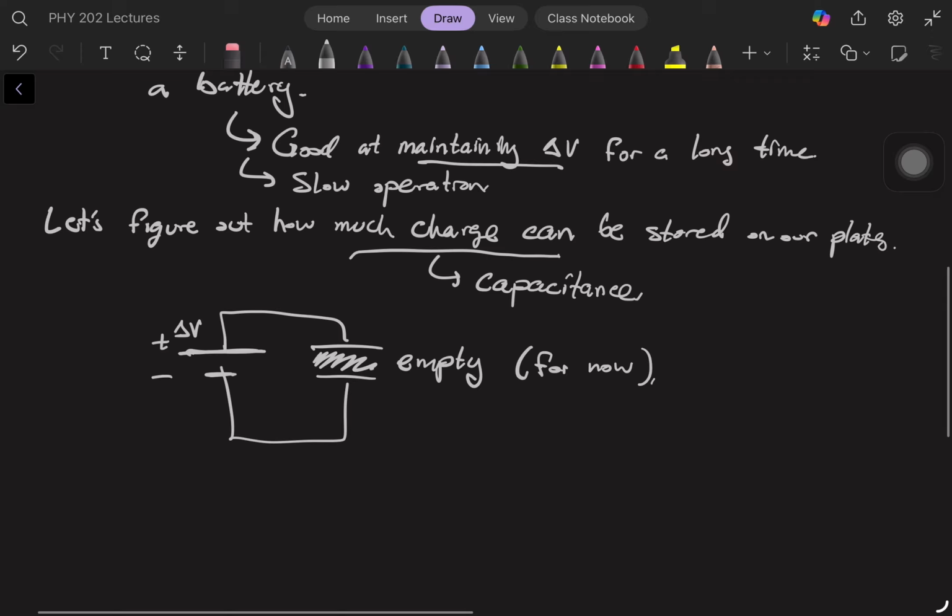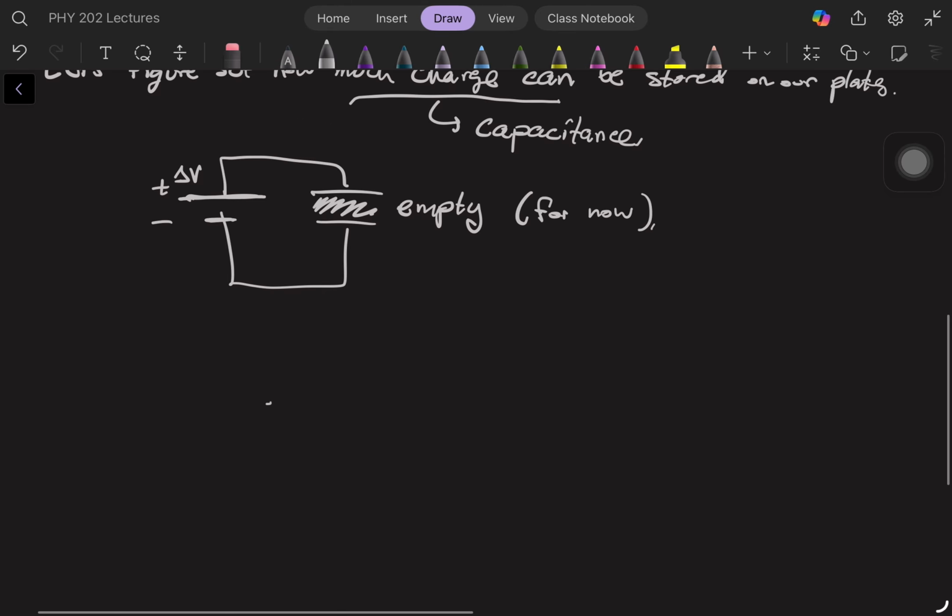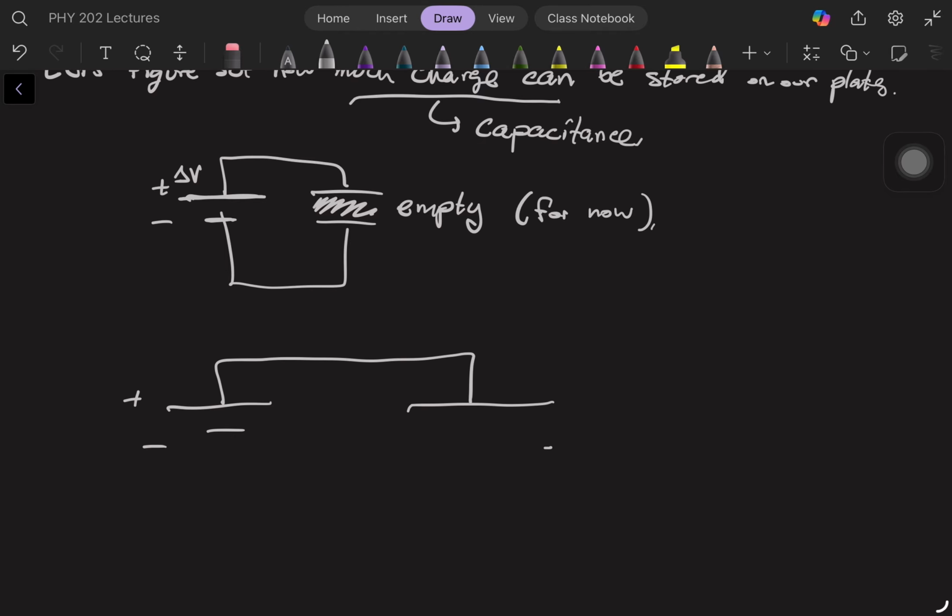Let's try to imagine what would happen if we have this setup. We have some potential difference, so maybe there's a large buildup of positive charge here and a bunch of negative charges down here.